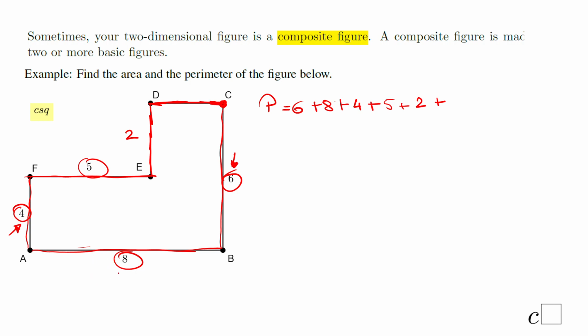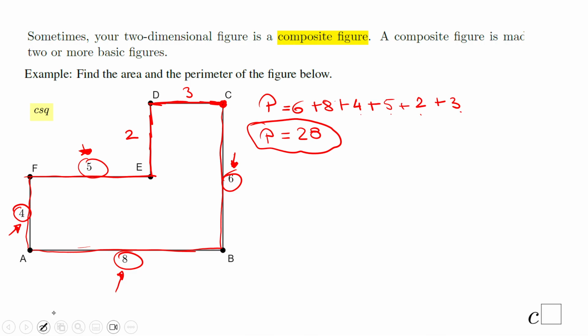And that one will be, if you take a look, 8 minus 5, that would be 3. So add all these numbers now. 6 plus 8, 14, 18, 23, 25, 28. We don't have any units, so we're gonna keep it as a regular number. This is the perimeter. Okay, go around.